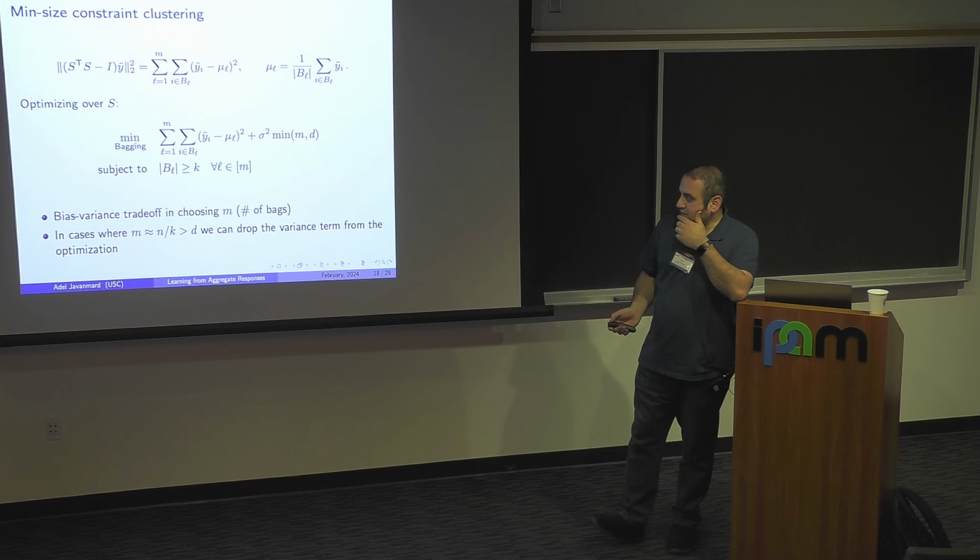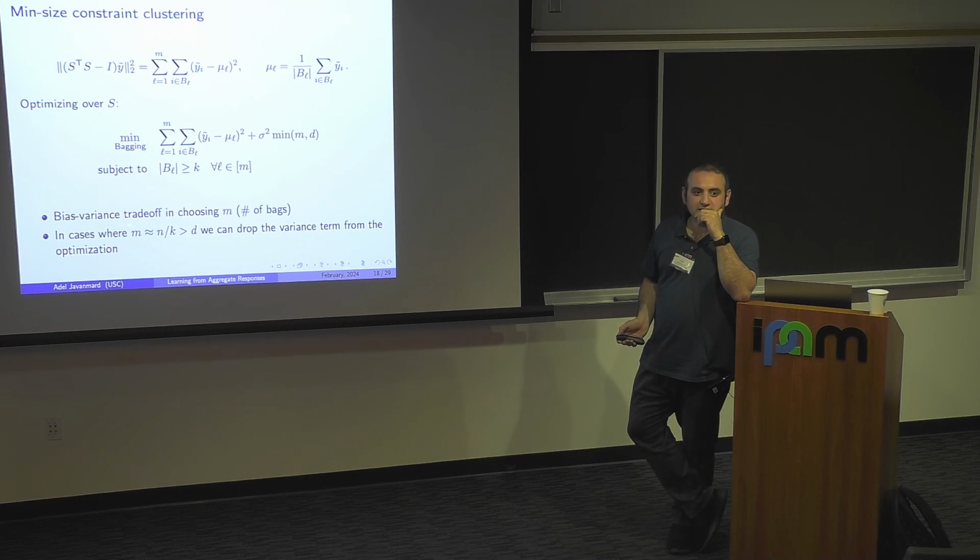But the examples that we were looking for in these problems are the cases where the number of bags, which is n over k, is bigger than the number of dimensions that we have. And once you're in this regime, you can see that this minimum is achieved by D. So it's independent of M or a bagging construction. It doesn't have any impact here. And you can completely drop this term.